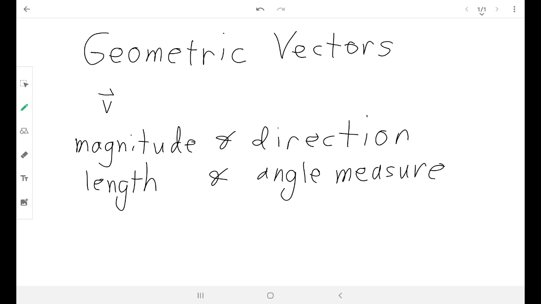So when we talk about a vector, we say, okay, it starts here, it's that long, and it goes that way.